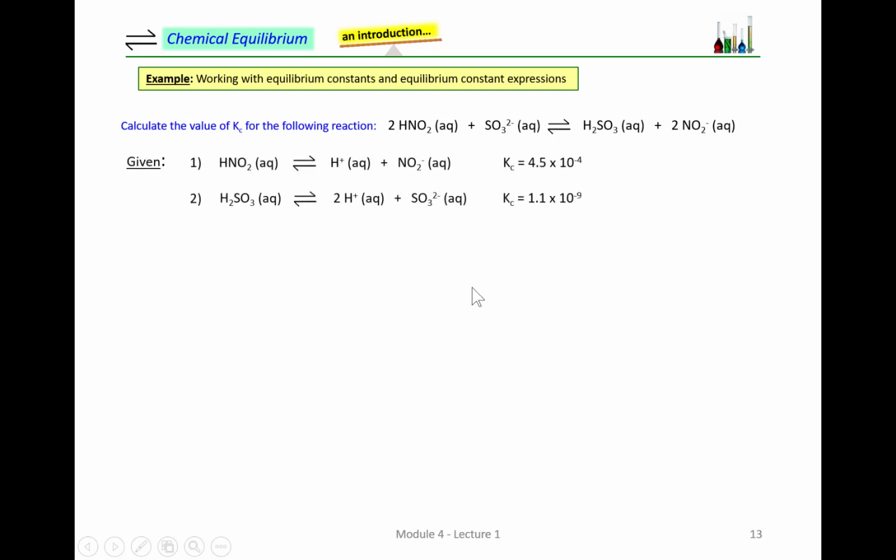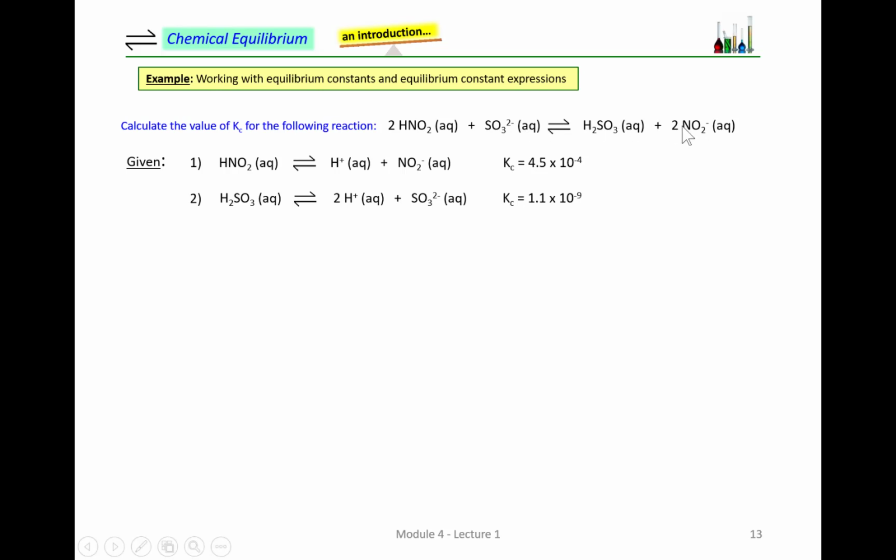The given information is that the equilibrium constant Kc for this equilibrium here is 4.5 times 10 to the minus 4, and the equilibrium constant for this equilibrium here is 1.1 times 10 to the minus 9. Again, our job is to come up with the Kc value for this reaction here, which we'd call our target reaction.